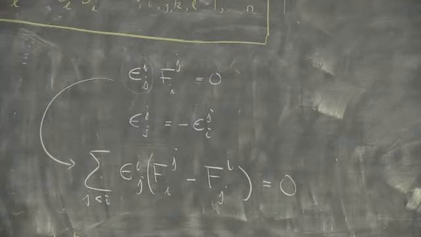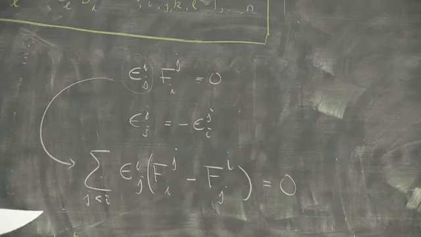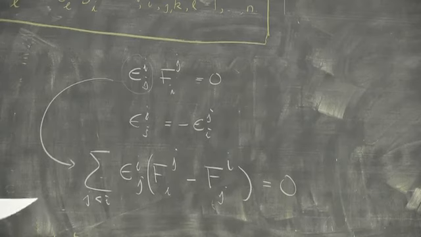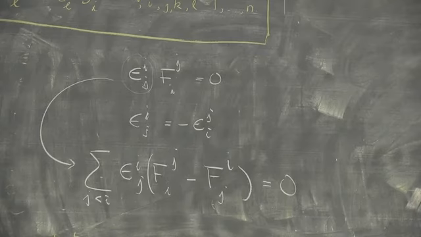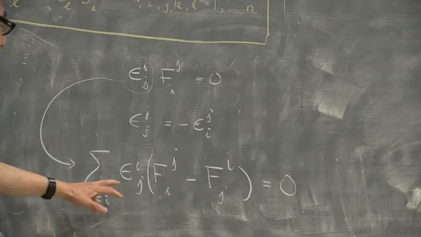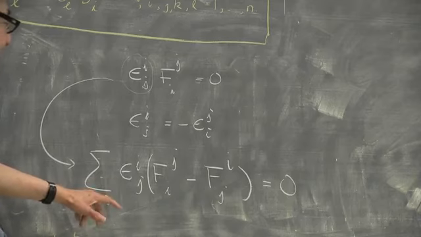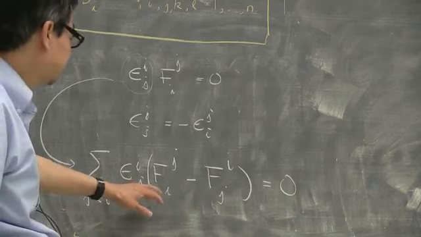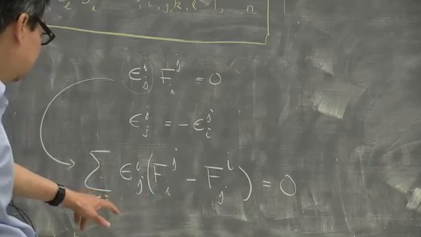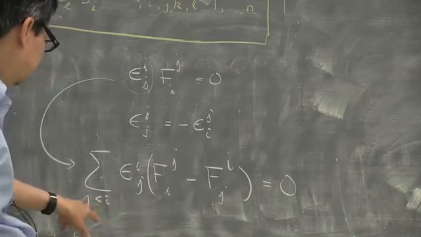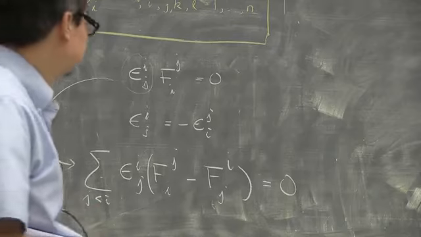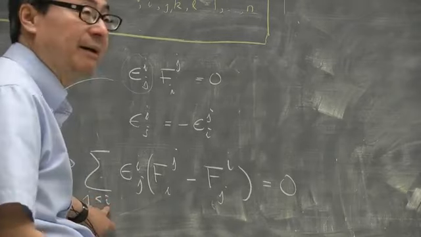Do you see why? You kind of see why? Go home and mull over it, okay? It's because you know that you have to switch the sign of both the epsilon and the f. We know the epsilon is antisymmetric. So essentially, in the second sum, you have j bigger than i.